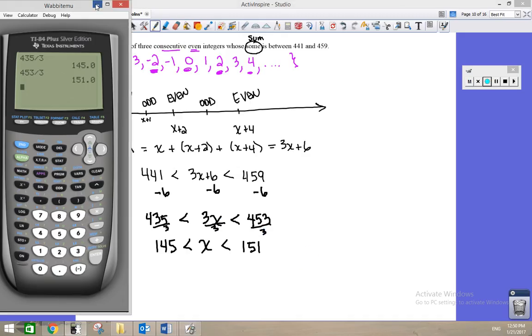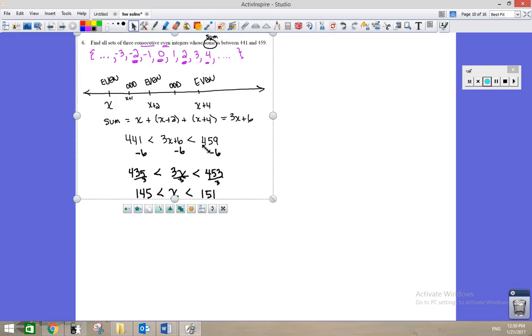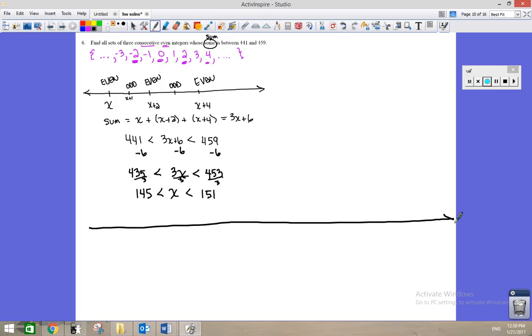All right, so now let's interpret what this means. We have more than one possible value here for x. Since these numbers are so close to each other, I'm going to draw a number line, and this is 145. Remember, x is even, so it couldn't be 145.